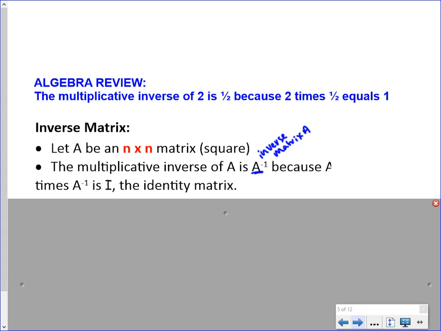The multiplicative inverse of matrix A is the inverse matrix A because A times the inverse matrix A is equal to not 1, but the identity matrix. So we'll call it I.